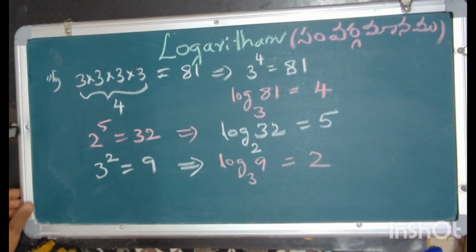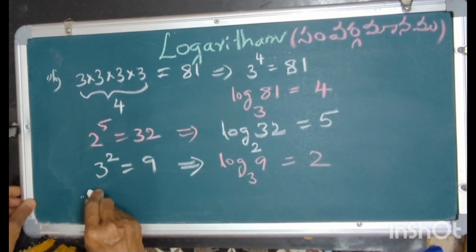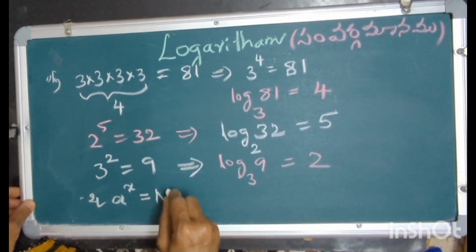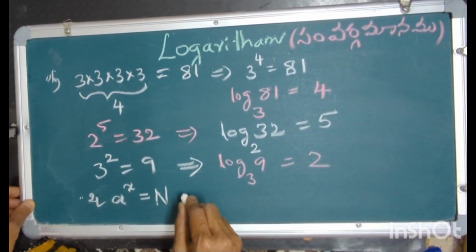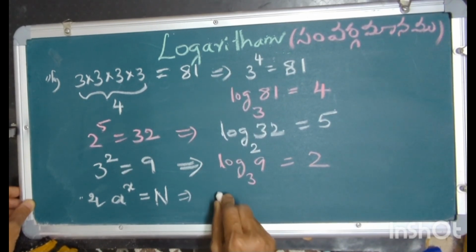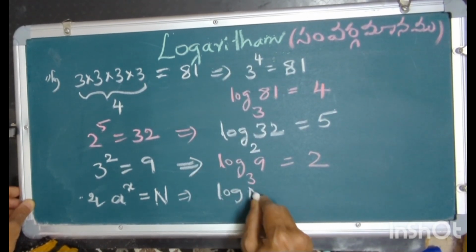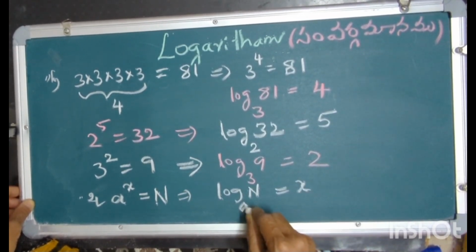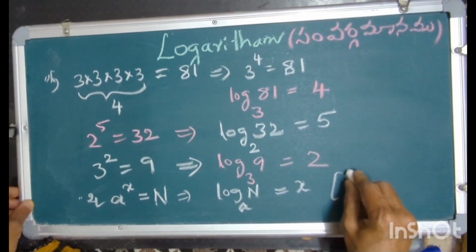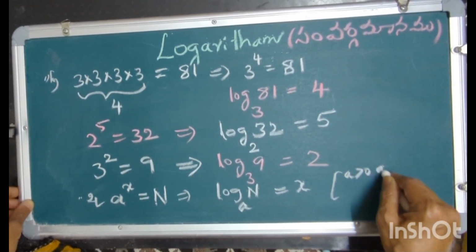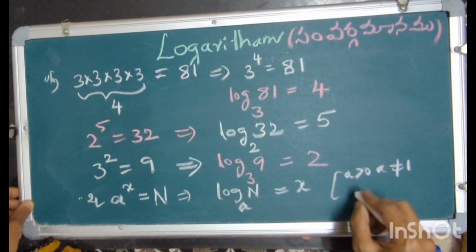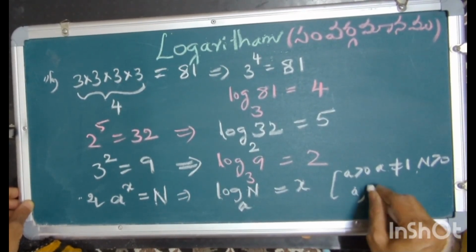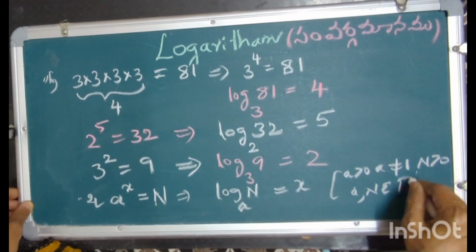So in general we will write, if a to the power of x is equal to capital N, then we write logarithm of N base a is equal to x. Here a is greater than 0 and a is not equal to 1. N is greater than 0 and a, N belongs to R, real numbers.